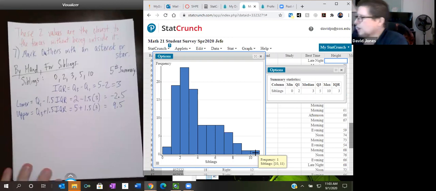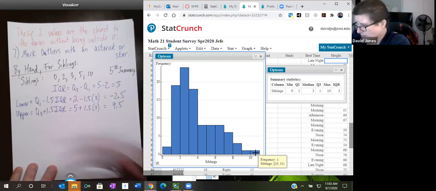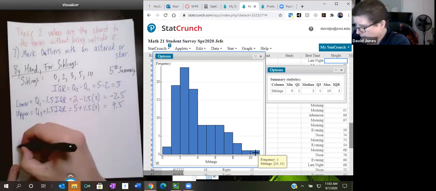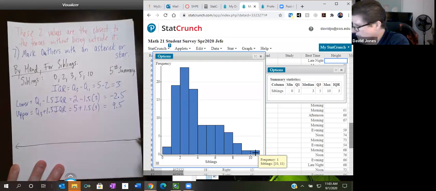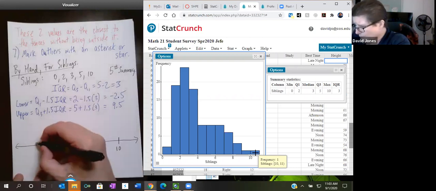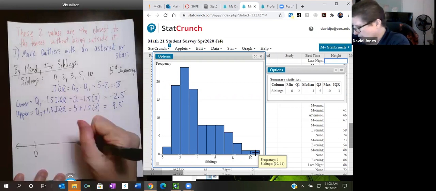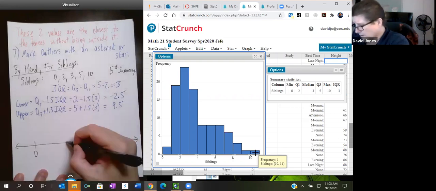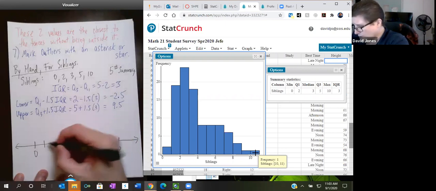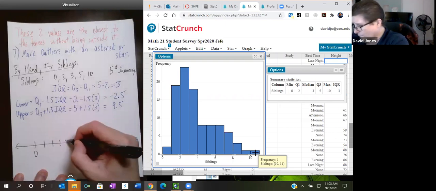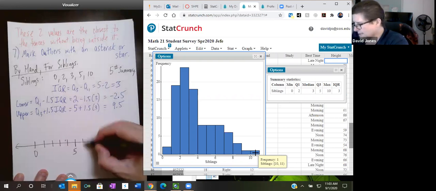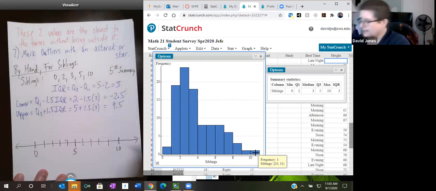All right, so let's do our summary. I'm going to draw a number line. My maximum value was a 10. My minimum value was a 0. And then, let's see, 1, 2, 3, 4, 5, 6, 7, 8, 9, 10.